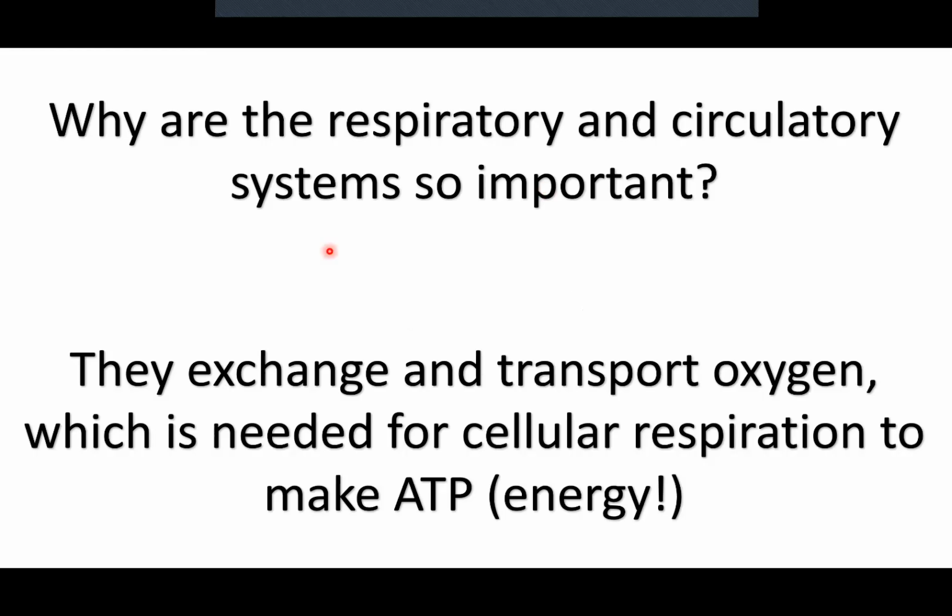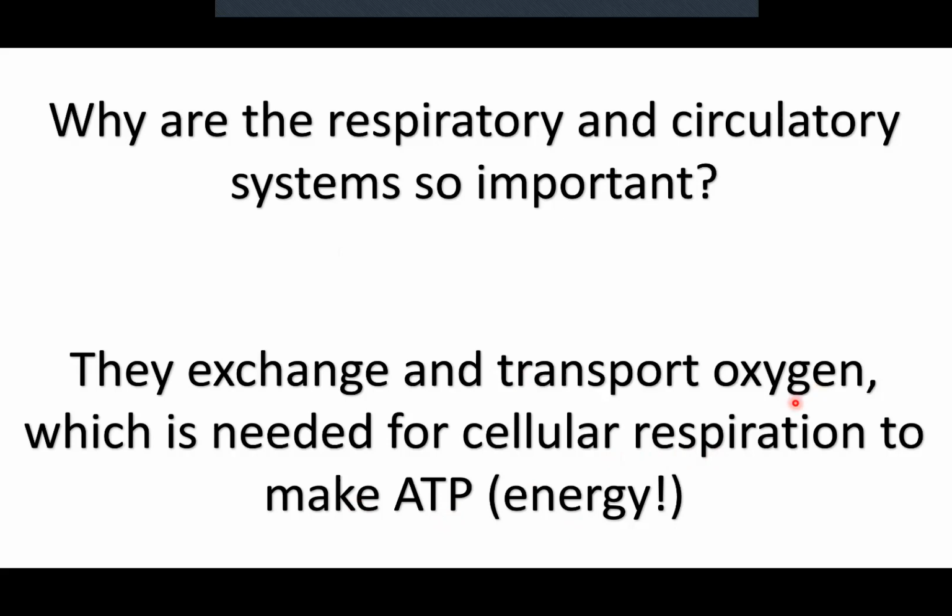So why are the respiratory and circulatory systems so important? Well, they're exchange and transport centers for oxygen, and oxygen is needed for cellular respiration to take place, and cellular respiration is needed to make ATP, which is energy for all of your cells in your entire body.